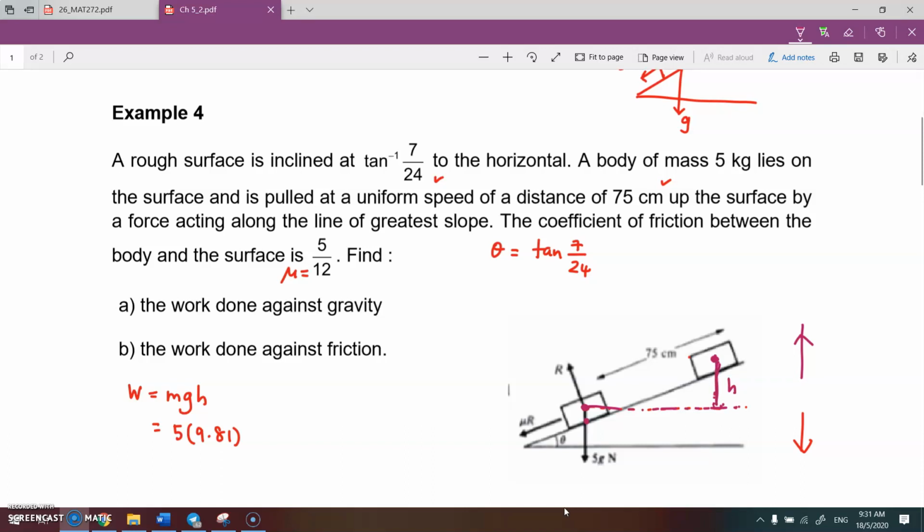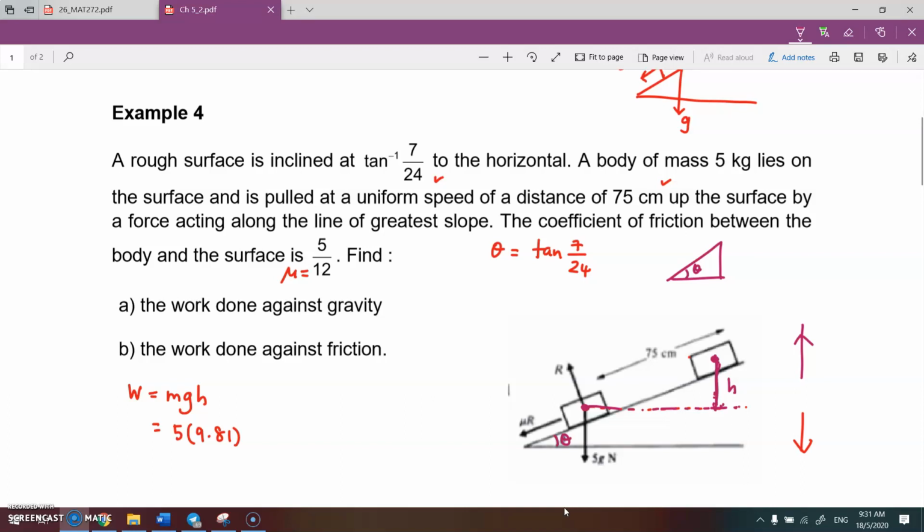So how are we going to calculate the h here? We know theta is tan inverse 7/24. I can just simply use the triangle, much easier I think.